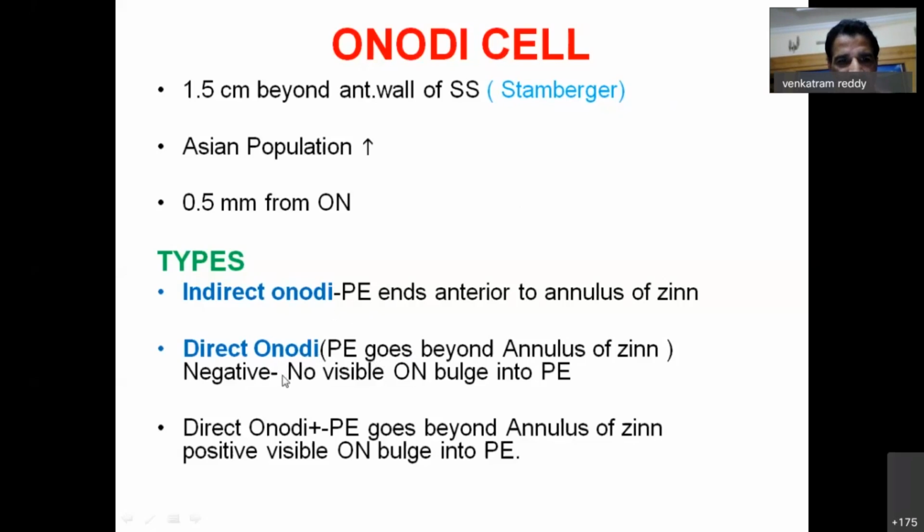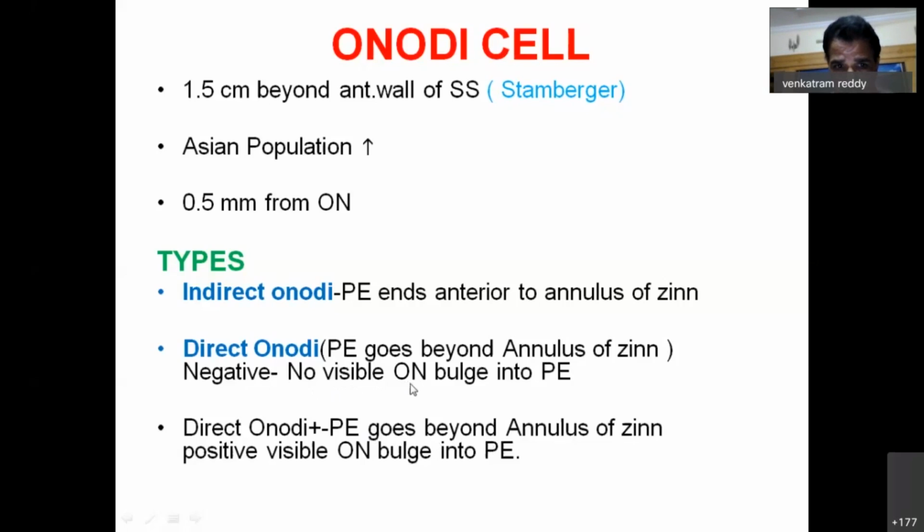In this direct Onodi, there is a direct Onodi negative and a direct Onodi positive. So what do you mean by a direct Onodi negative? Negative is one where there is no optic nerve bulge into the posterior ethmoid cavity. If there is an optic nerve bulge into the posterior ethmoid cavity, and both the cells are going beyond the annulus of Zinn, that is positive.